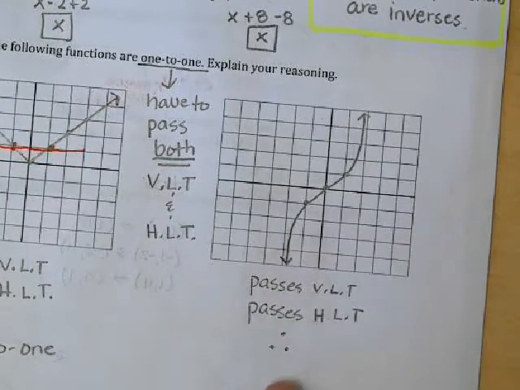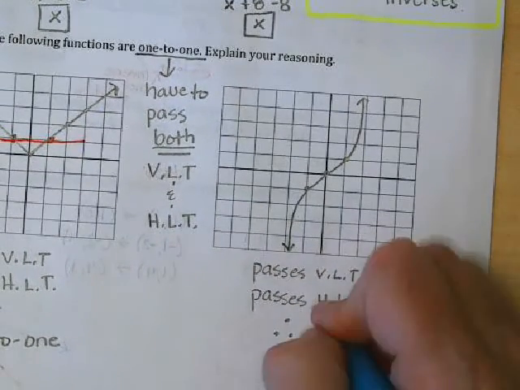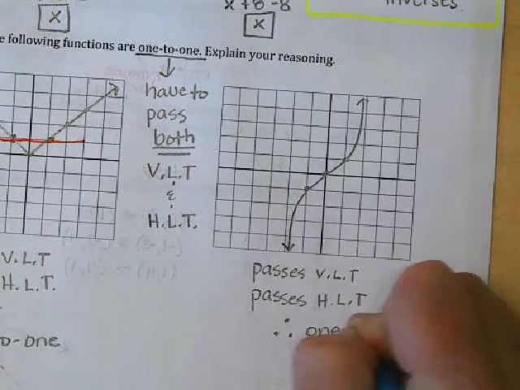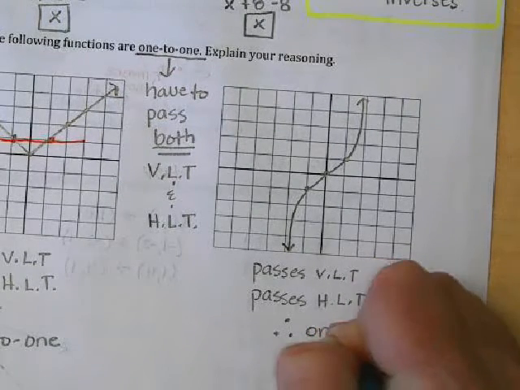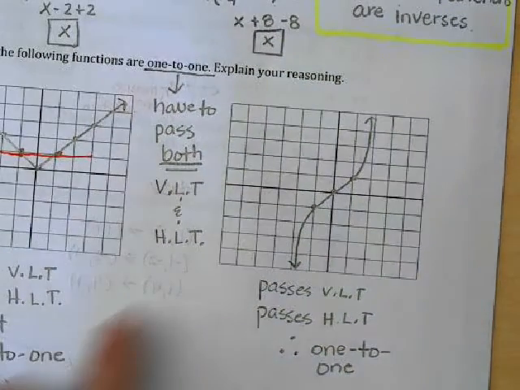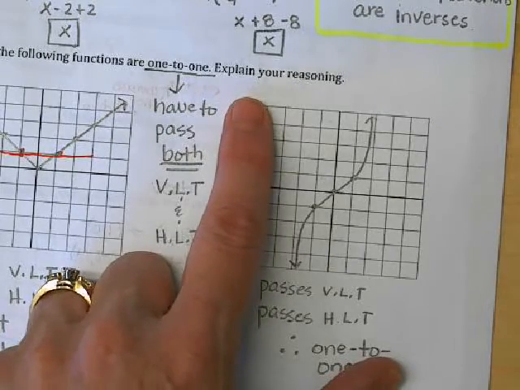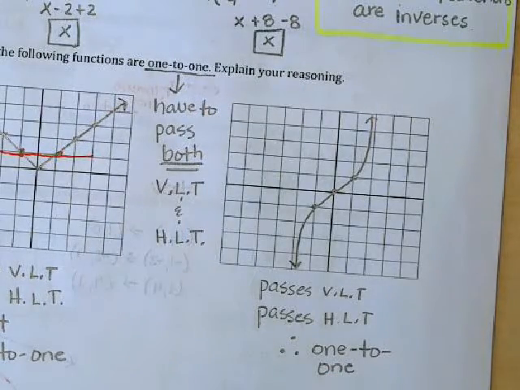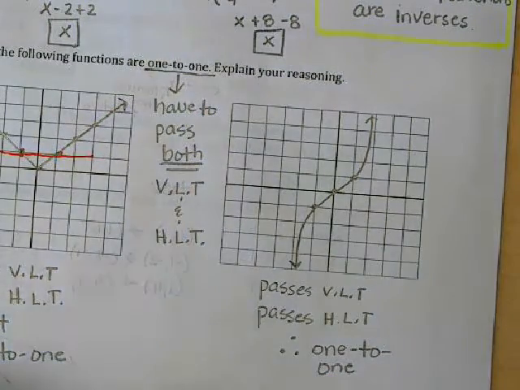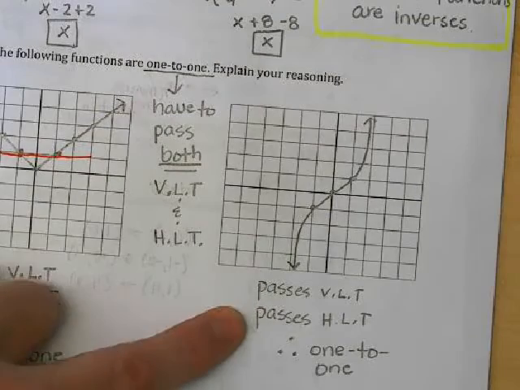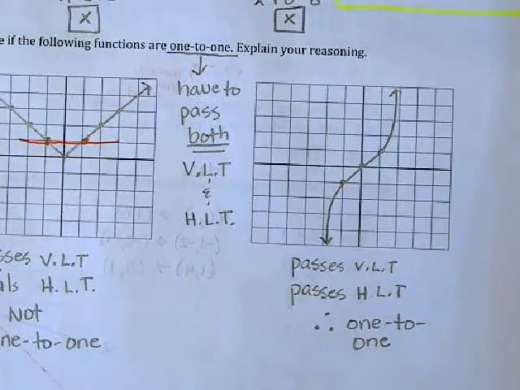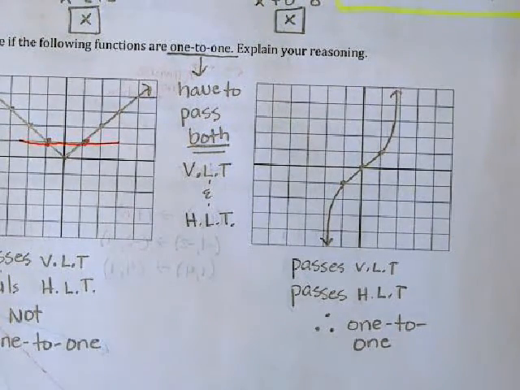Therefore, remember 3 little dots that make a little triangle? That means therefore, it's one-to-one. One thing I want you to be careful on, if I ask you to determine and explain your reasoning, you can't just look at it and say, oh, well, because I know. You have to talk about the vertical line test and the horizontal line test. Okay? So that's the end of that.